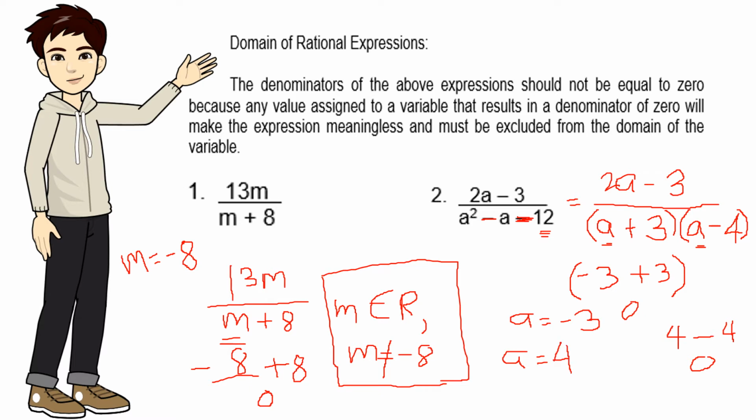So if we are going to state the domain of our rational expression number 2, we may use a as any real number, an element of the real numbers, where a is not equal to negative 3 and 4.